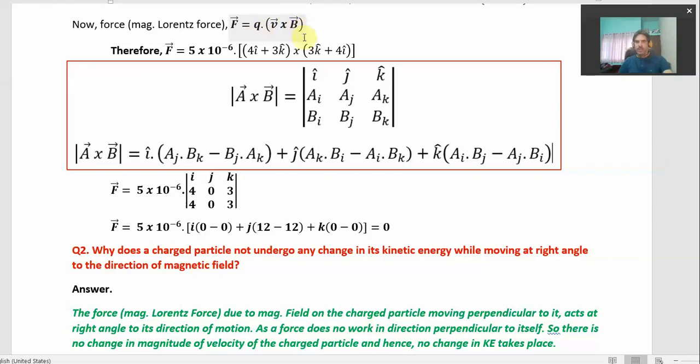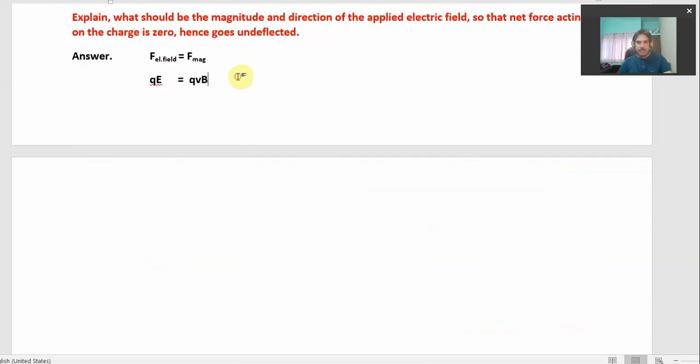So it is QVB. Of course, we know that these forces exerted by the electric and magnetic fields should be opposite to each other, but here we are just calculating the magnitude. Direction we already discussed.